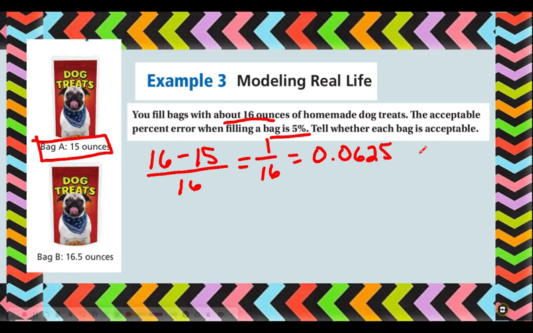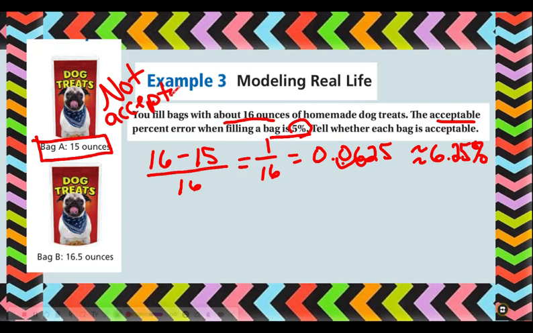Move our decimal 2 times to the right. So it's about a 6.25% error. So the acceptable percent of error is 5%. So we know bag A is not acceptable. The company does not accept that. They take it off the line.